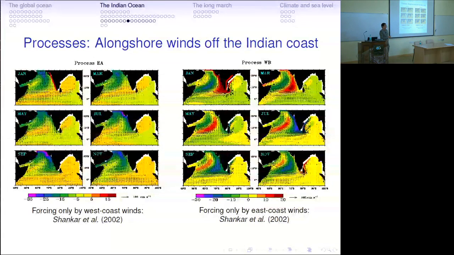Now this is done in a different fashion because one way to carry out these experiments is to manipulate the winds. That is, you put the winds only along the east coast of India, and drop the winds elsewhere. The moment you do that, however, you have to taper off the winds to zero. And when you do that, you introduce a spurious wind curl.